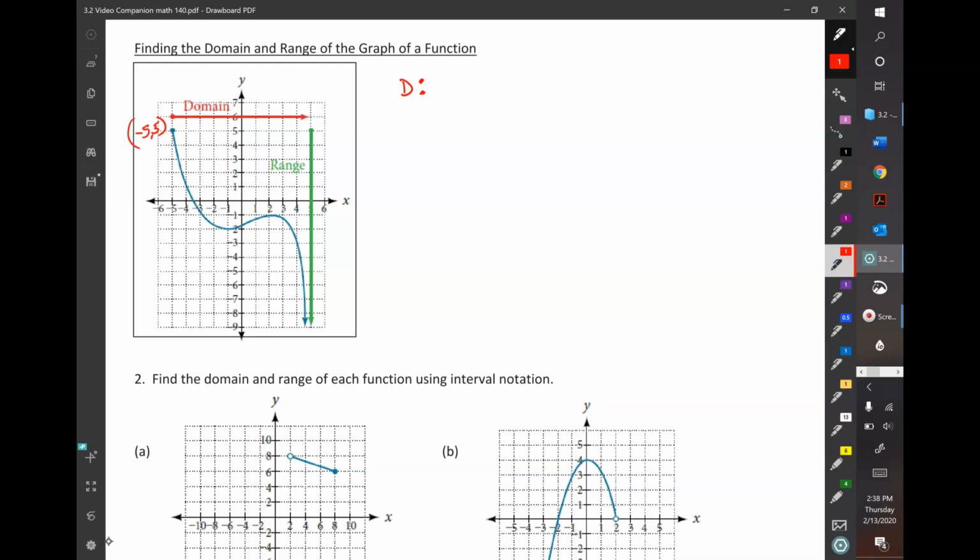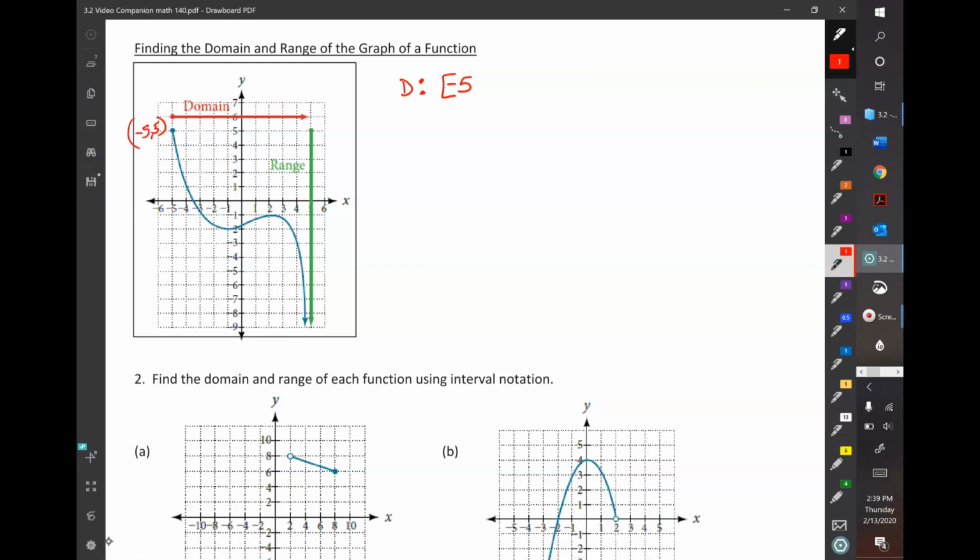So the domain on this, I would have a closed bracket, starts at -5, but it doesn't end over here. My little tip on the right-hand side has an arrow. So that arrow shows at 4, -9, but it keeps going on and on to infinity.